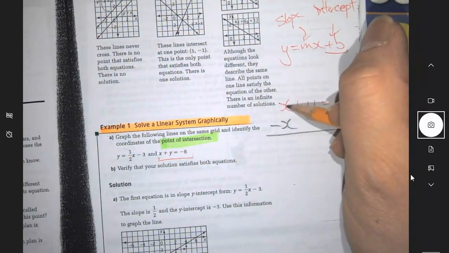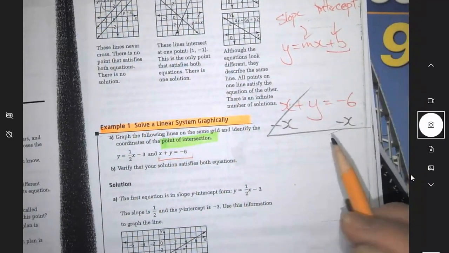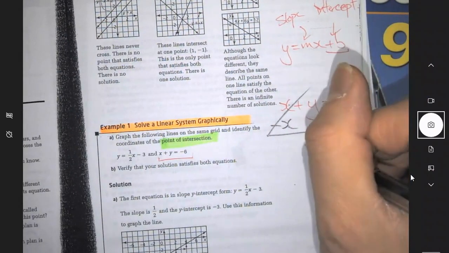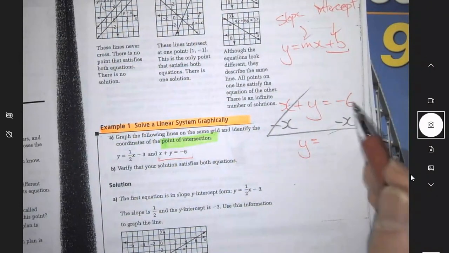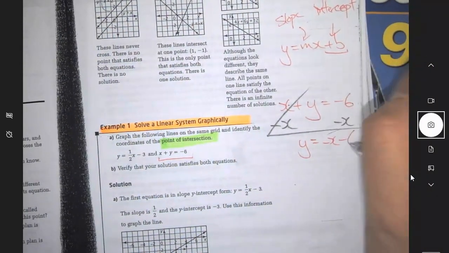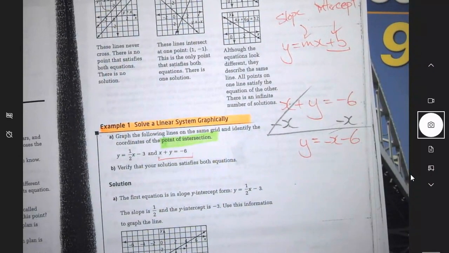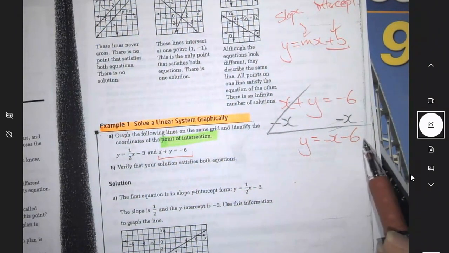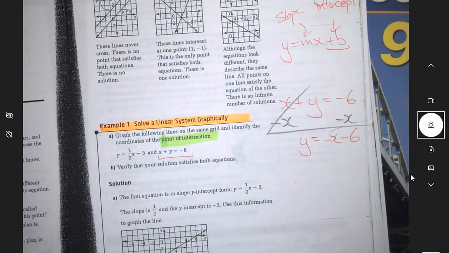This x minus x, that will be 0. And on the left-hand side, now I only have y equals. On the right-hand side here, I have minus x minus 6, okay? So in this equation here, it is already in the y equals mx plus b form.